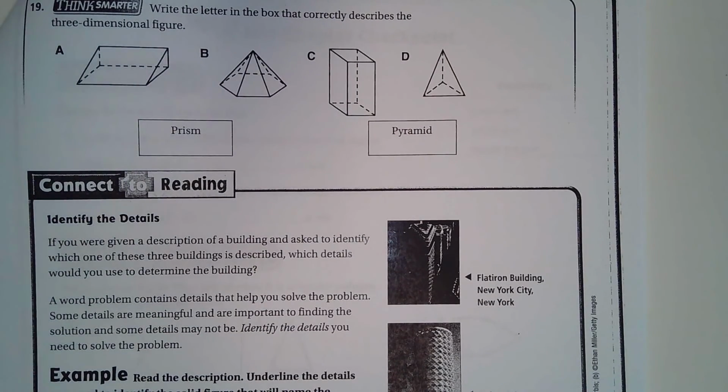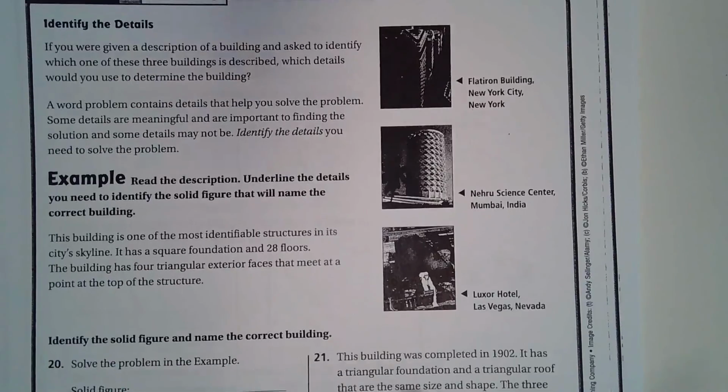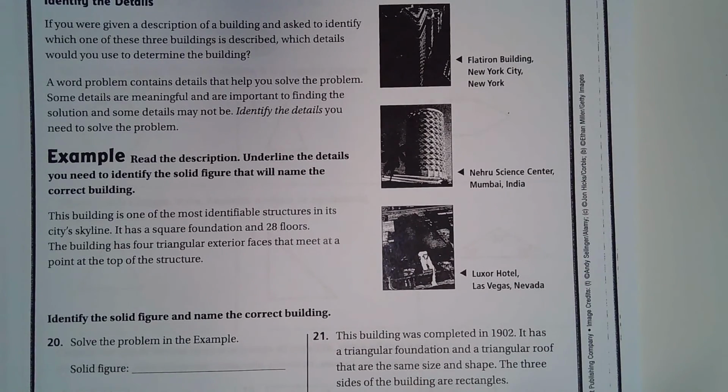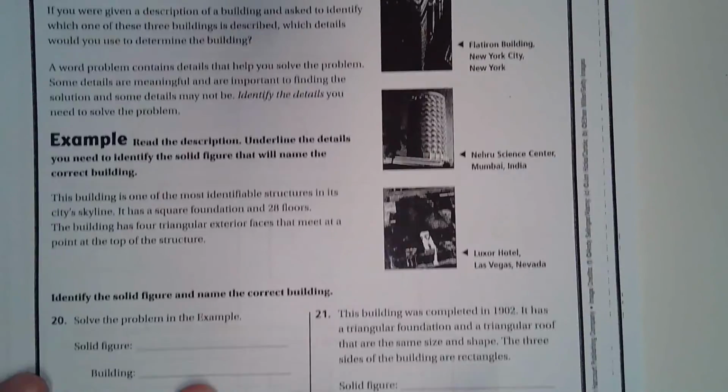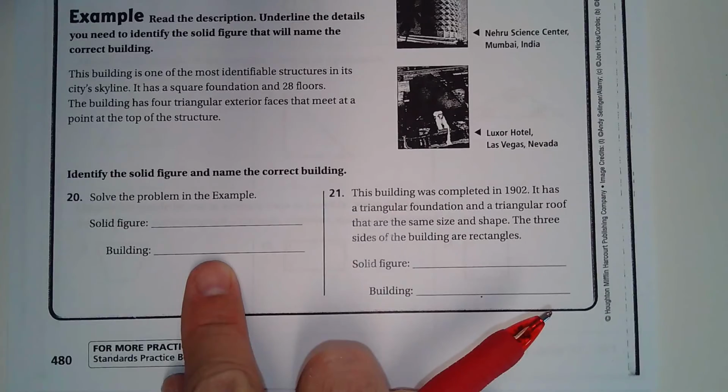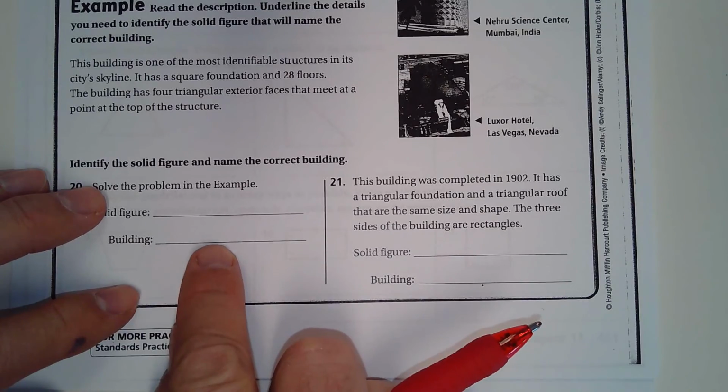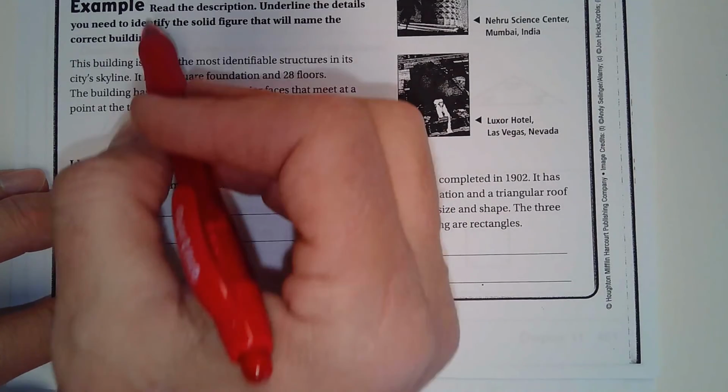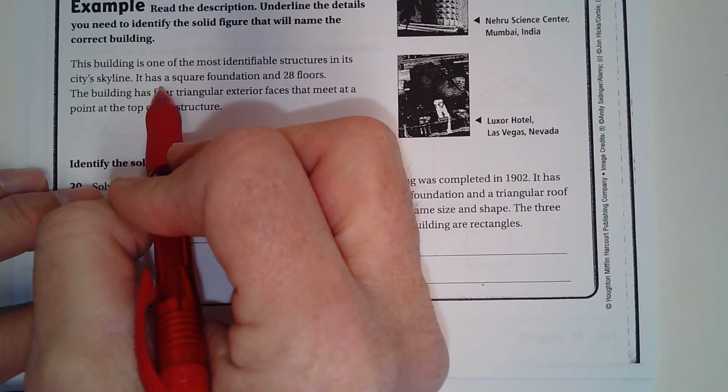Let's see here. Really quick, I want you guys to do 19. And, yeah, you can answer these also. Let me underline what's important here once you read these directions.